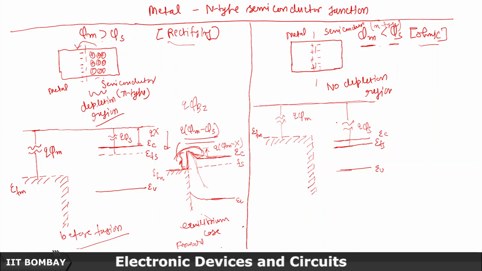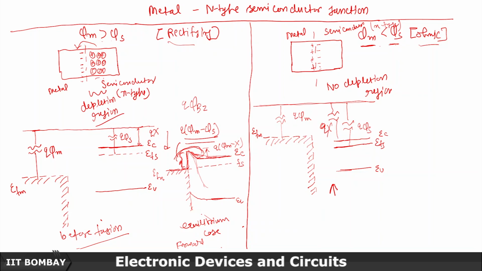So this is the scenario, basically you can say. This is Q chi. So the difference here, if you compare this case with this case, is that here phi m is larger than phi s. So what happens, the electron energy levels of these bands go down in order to align. Here it's going to go up, right?